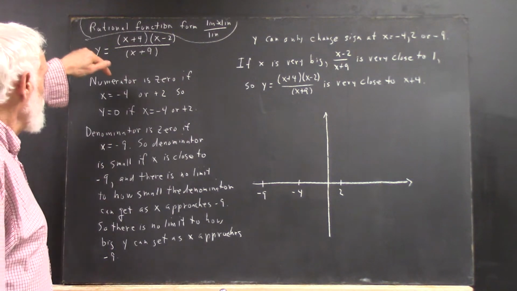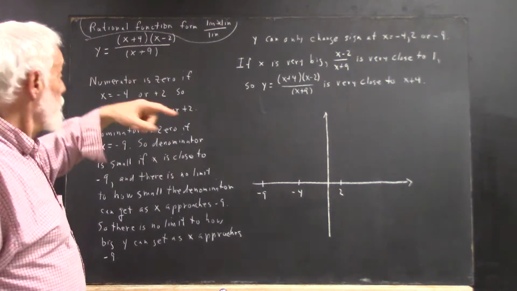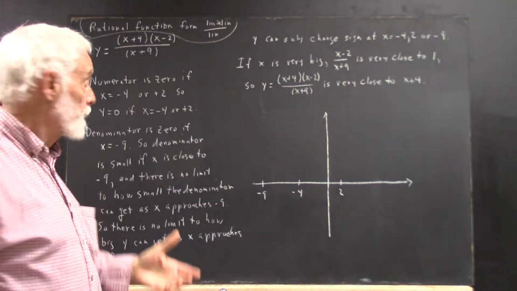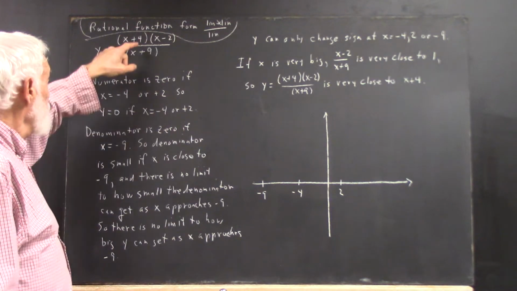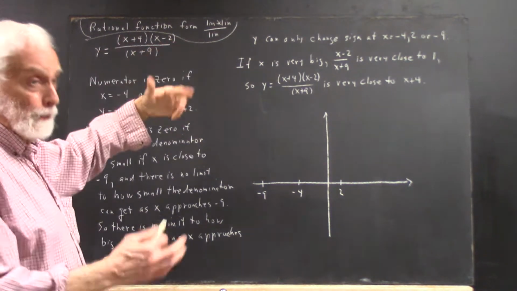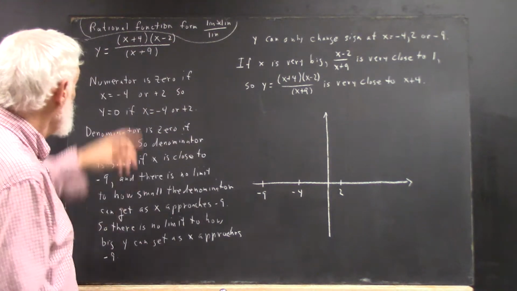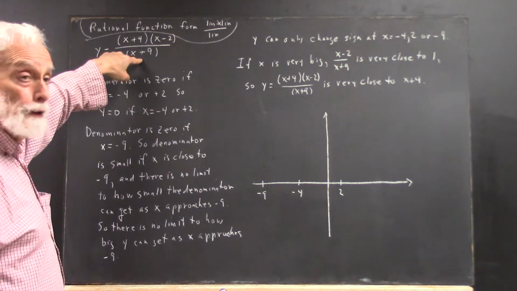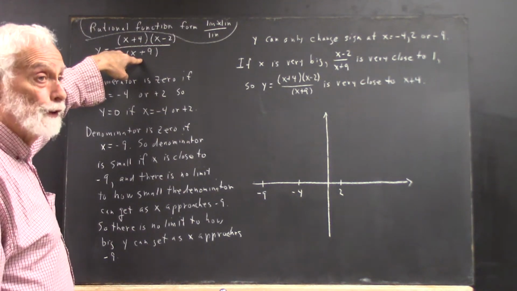Okay, the numerator of this function is 0. Now we've seen most of this. The numerator is 0 if x is negative 4 or x equals 2. That's very easy to understand, and we've done this before. And the denominator is 0 if x equals negative 9.